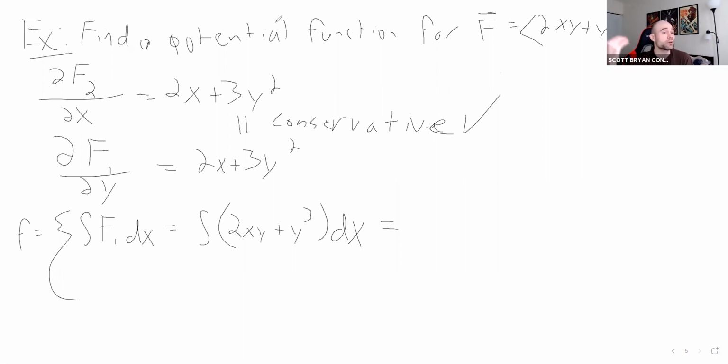So 2xy, when you integrate with respect to x, becomes what? y we're treating as a constant, 2x becomes x squared times y. It hangs around. So we get x squared y. And then y cubed, when you integrate with respect to x, is just a constant. So it becomes x times y cubed.